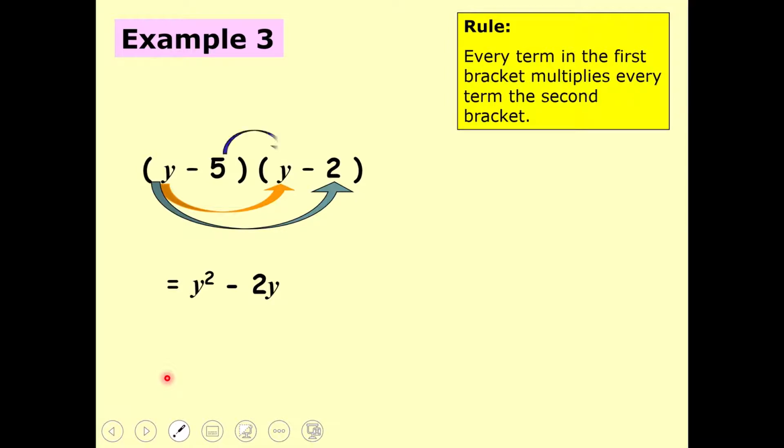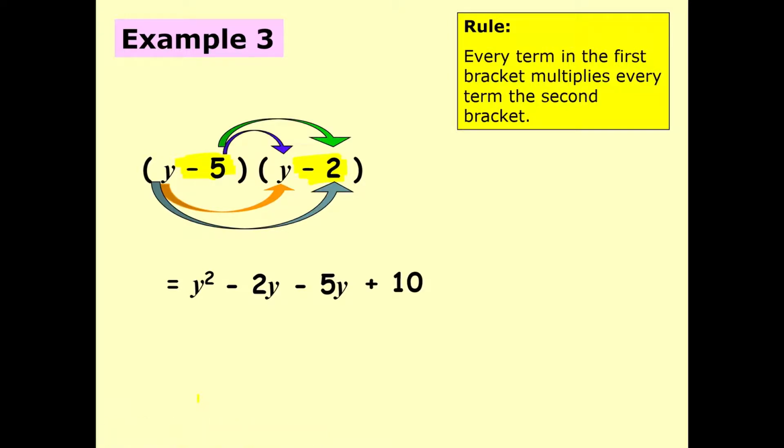Then we're going to take our negative 5 multiplied by y to give us negative 5y. And then this last term, we've got negative 5 times negative 2, which is going to give us plus 10. A negative times a negative is going to give you a positive.